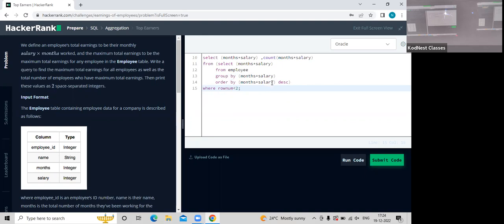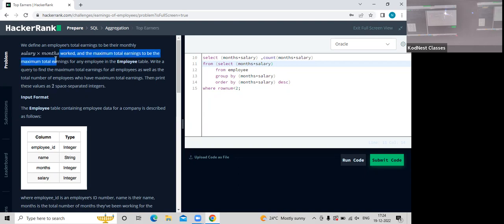That is what. How many times it has occurred? How will I get to know? Yeah, correct, correct. So the total salary is nothing but see here what they have told.